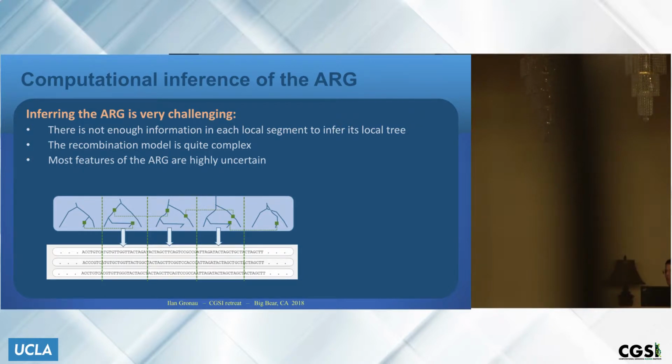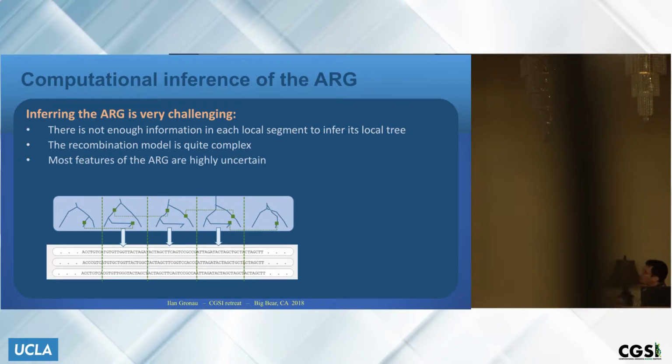The recombination rate is about twice as slow as the mutation rate, meaning that on average you have something like 2 mutations in each of these blocks. So even if you could tell what the blocks are, which is a complex task in itself, you don't have enough information to infer the tree here. You'd have very noisy information and you wouldn't be able to stitch these together.